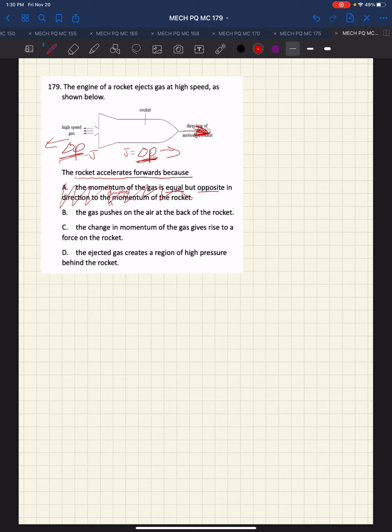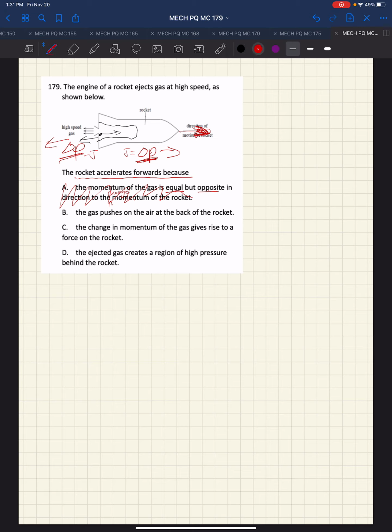The gas pushes on the air at the back of the rocket. So let's imagine inside this rocket, there is a tank like this with the gas. Now, if we're looking at where the pushing is happening, if the gas is pushing here, then the gas would go in this direction, and the rocket would go in that direction.